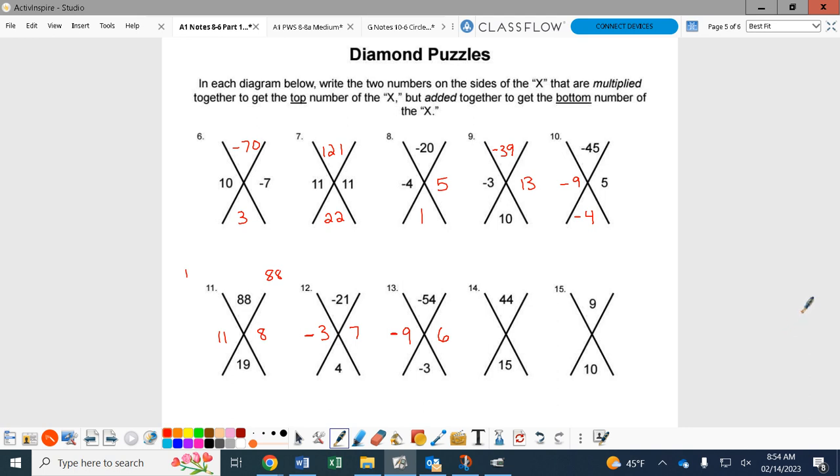Okay. 44 and 15. Now, these are both positive, so both your numbers are going to be positive. What multiplies to give you 44 but adds to give you 15? 11 and 4. Perfect. And then 9 and 10.